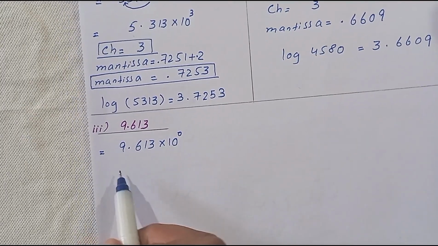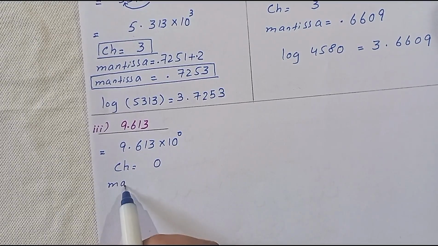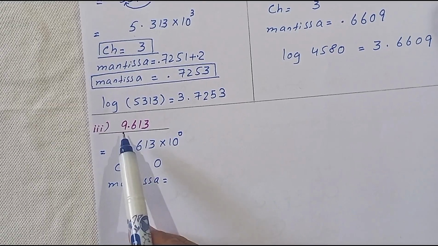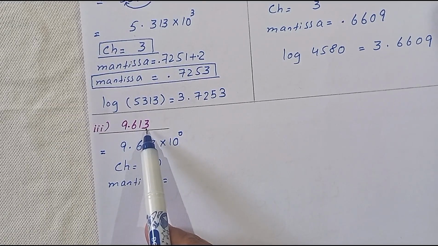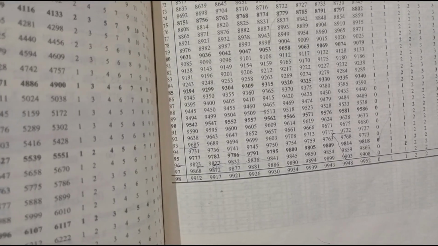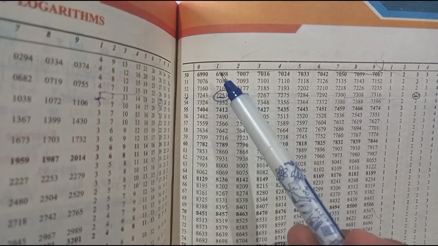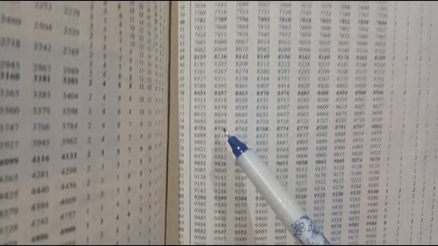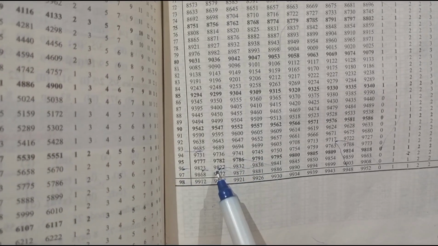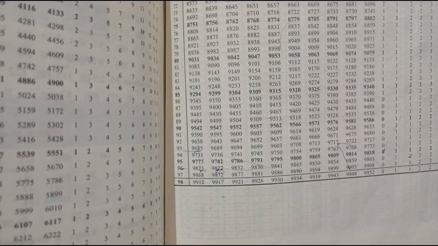So the characteristic is 0, and to find the mantissa we look at 96 in column 1 and add the value of the third column. In the log table, the value of 96 in column 1 equals 9827.